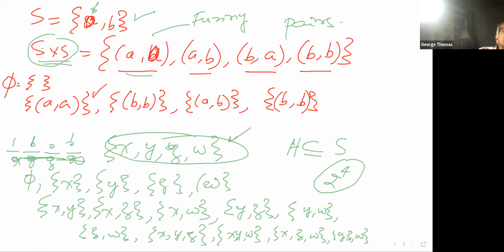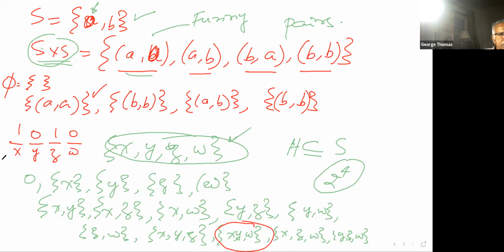So you see, all the subsets can be generated by filling these positions, X, Y, Z, W. Another way of saying it is that these are binary strings.